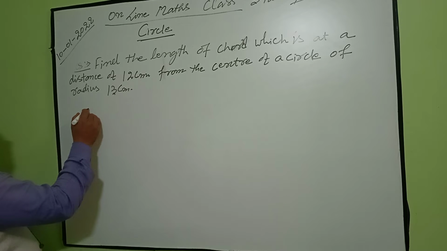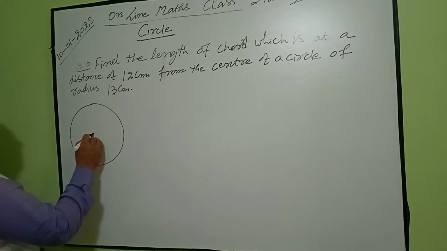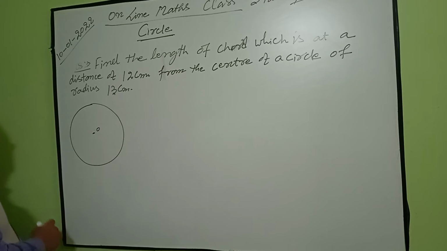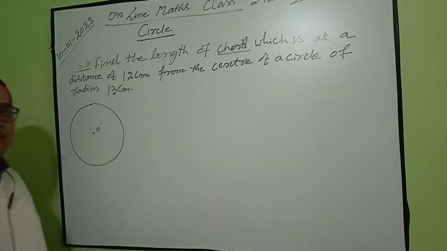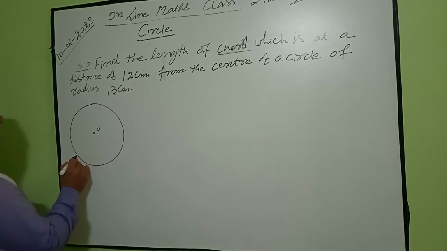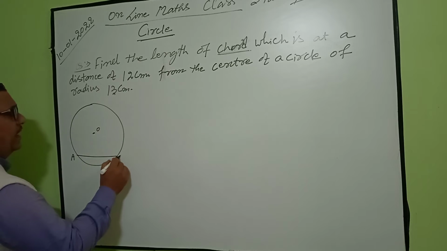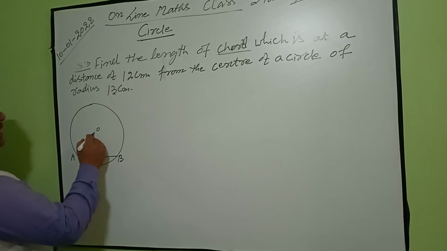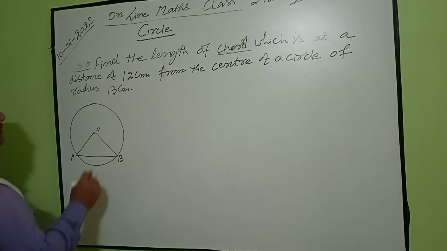First we will draw a circle whose center is O, and find the length of the chord. What will be the length of the chord? We will have to find out. Right? So here AB is a chord. OA and OB are radii.